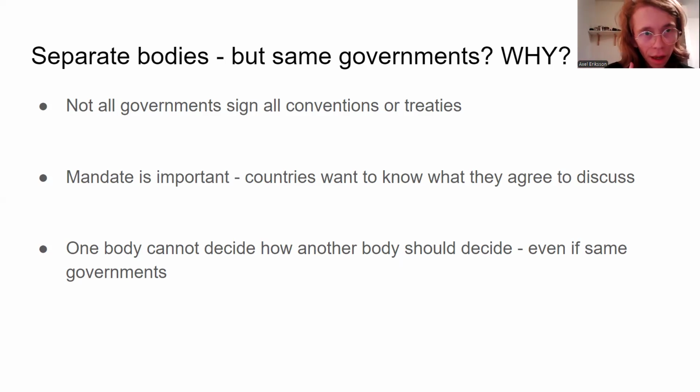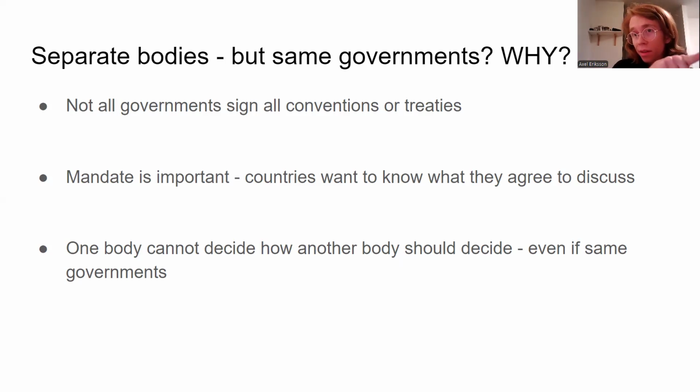And then a third reason is that one body of the UN cannot decide how another body should decide, even if the same governments would be part of them. So this means that if there's a decision on climate and biodiversity at the same time, a decision which is cross-cutting across biodiversity and climate, the CBD cannot decide that the UN Climate Convention should decide something on this.